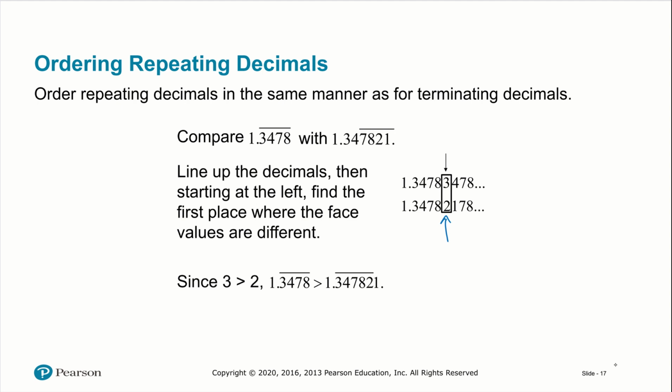So as soon as I see the larger digit, I know that I'm looking at the larger number. Remember, the other digits are so much smaller than these that they don't make a difference. Even if this one had all 9s here, this would still be the larger number. All right, so that's how you do it, just like we did with terminating decimals.